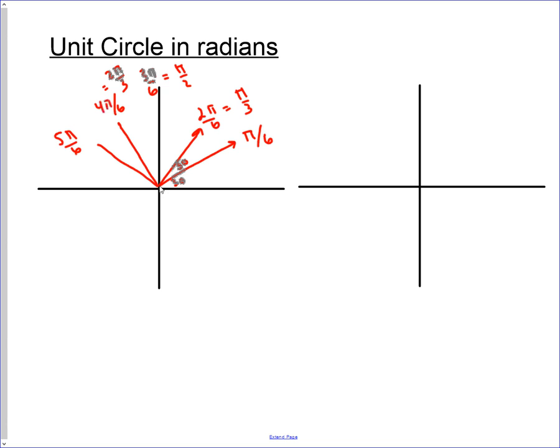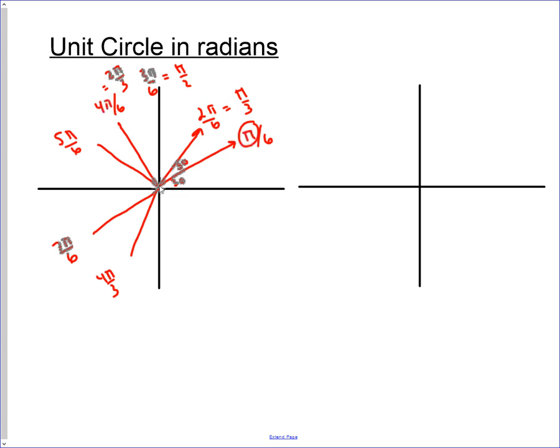And what you can see is it's just a matter of multiplying pi times whatever you need to multiply by to get to that 30 to get to that angle. So 150 degrees is 5 pi over 6 because 5 times 30 equals 150. And then we keep going and our 210 is just going to be 7 pi over 6. 240 is just going to be 8 pi over 6, which is 4 pi over 3.